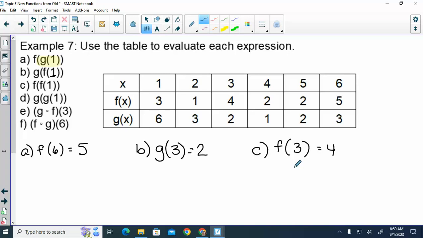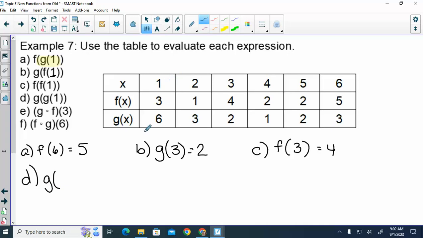Why don't you guys try the next couple? So G of G of 1.